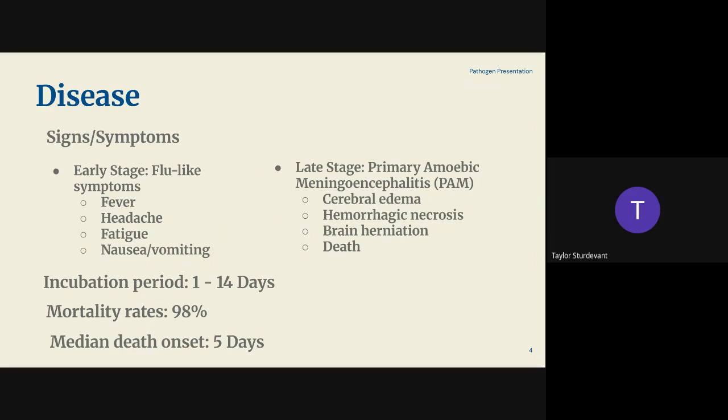This is what causes the mortality rates, about 98%. Typically when it's found, it's too late. And about average median death onset's about 5 days. So once that amoeba enters your system, starts eating away your brain tissue, it's about 5 days until death occurs.